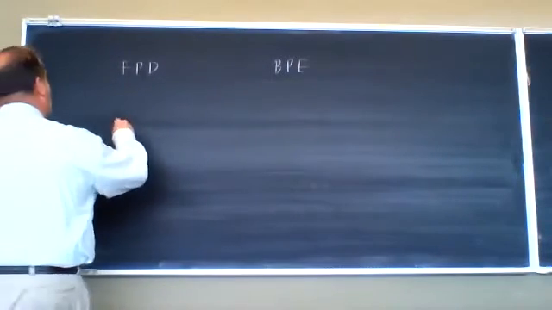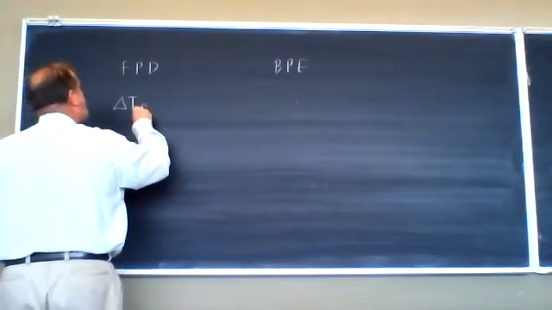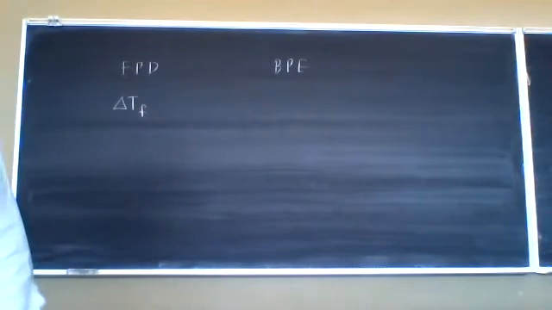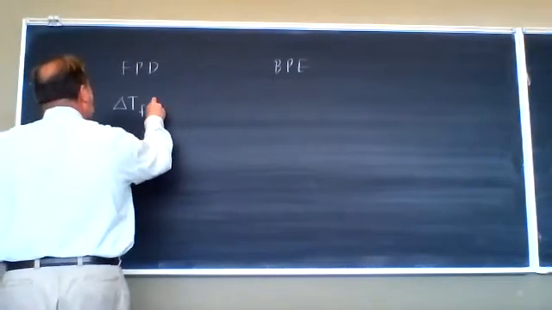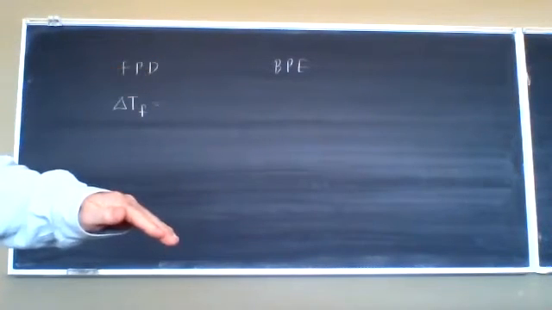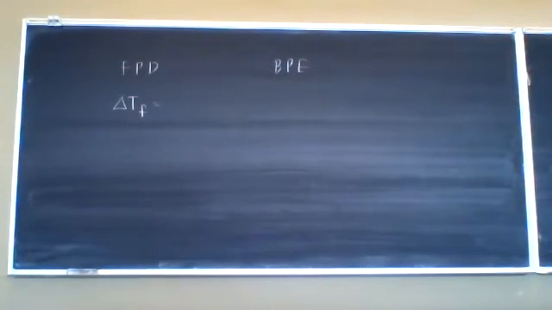And so freezing point depression is typically represented as delta T sub F, the change in the freezing temperature. We typically want to calculate this value so that it will end up being positive. Because we are seeing a freezing point depression, the final value is going to be less than the initial value.